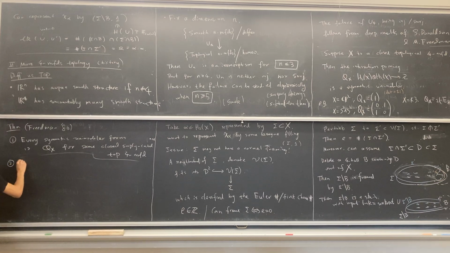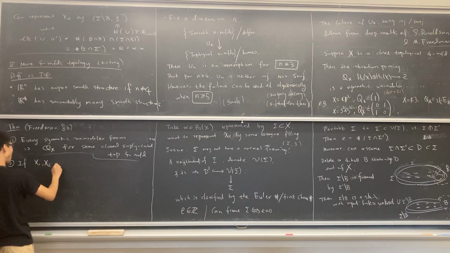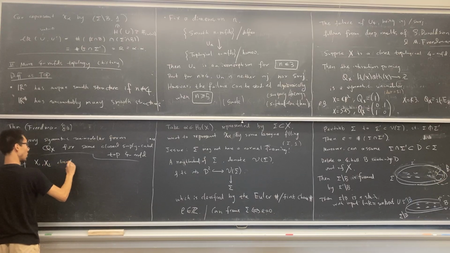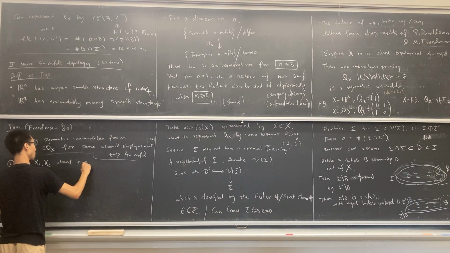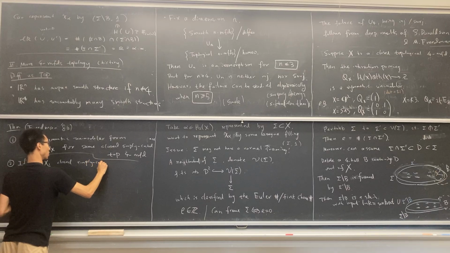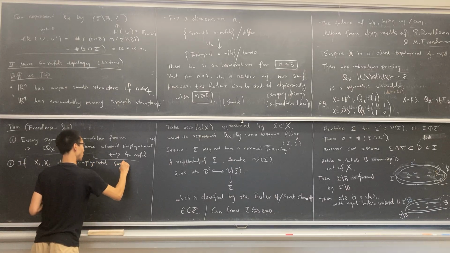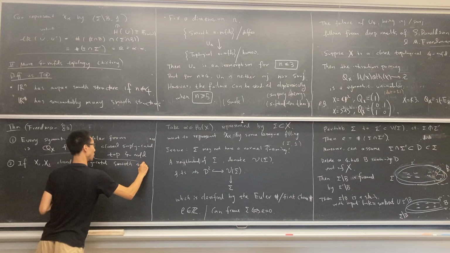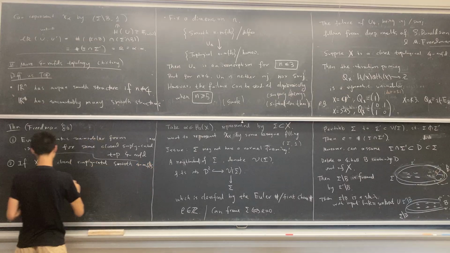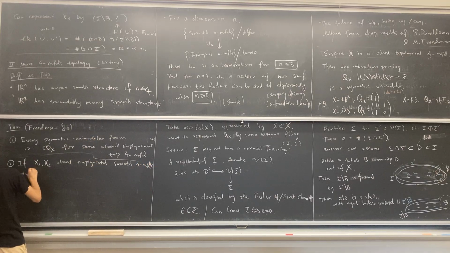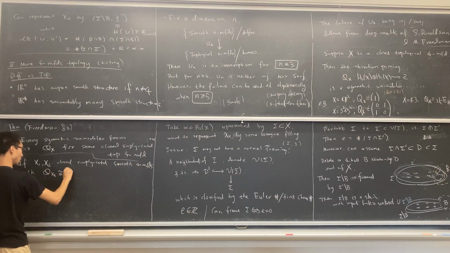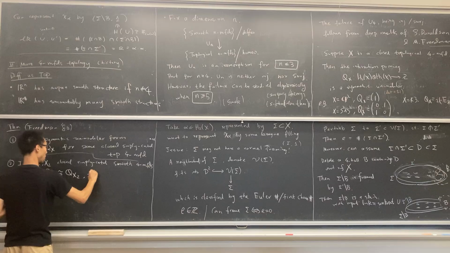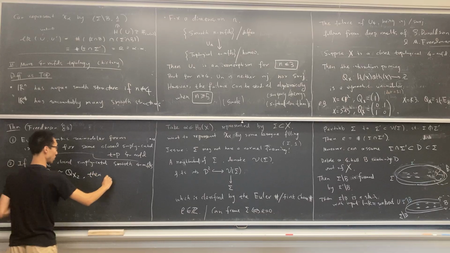And secondly, if X1 and X2 are closed, simply connected smooth four-manifolds with the same intersection form, then they are actually homeomorphic.